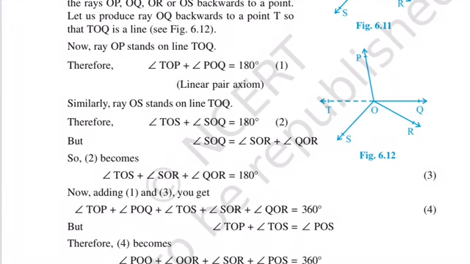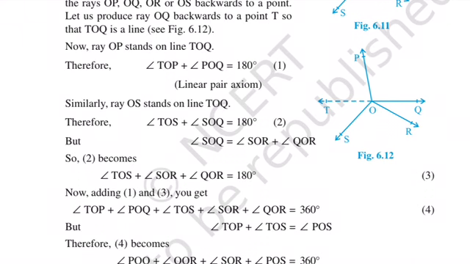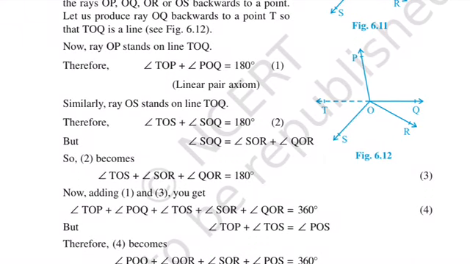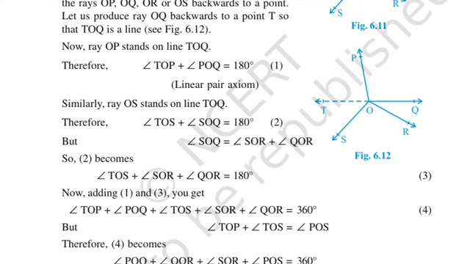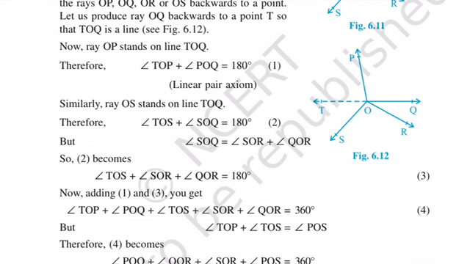So this is the proof of that property. At the time of solving questions you can use this property very frequently and very easily, so you have to use it.